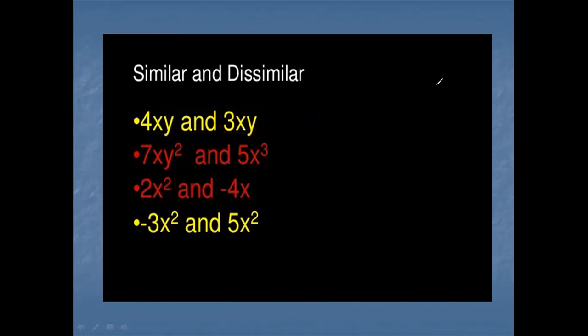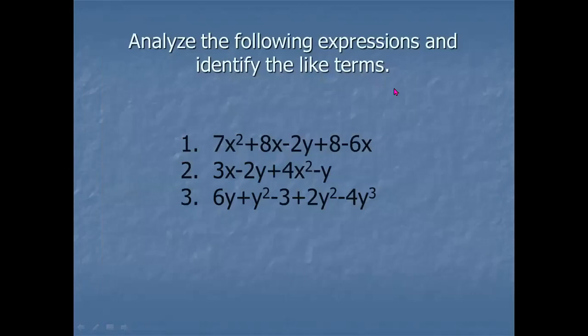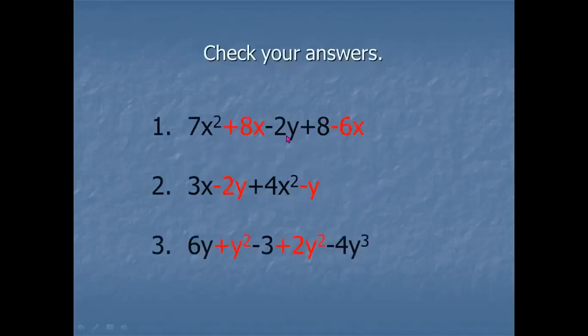Okay. Next here. If we analyze the expression 7x squared plus 8x minus 2y plus 8 minus 6x, the similar terms will be 8x and negative 6x, similar.